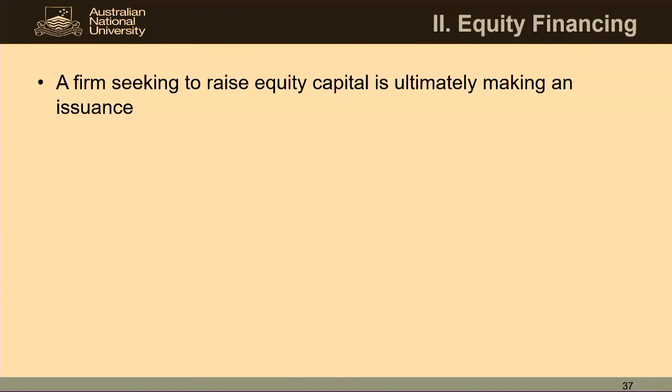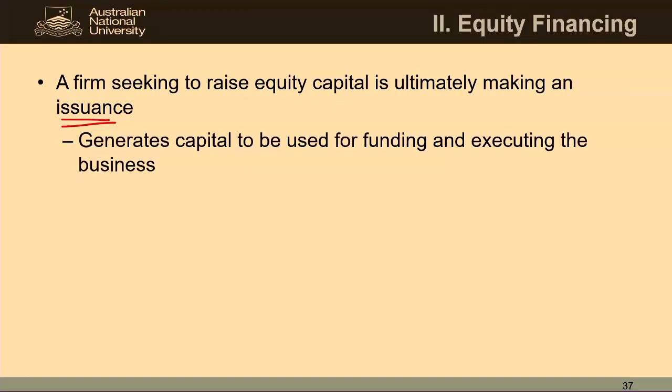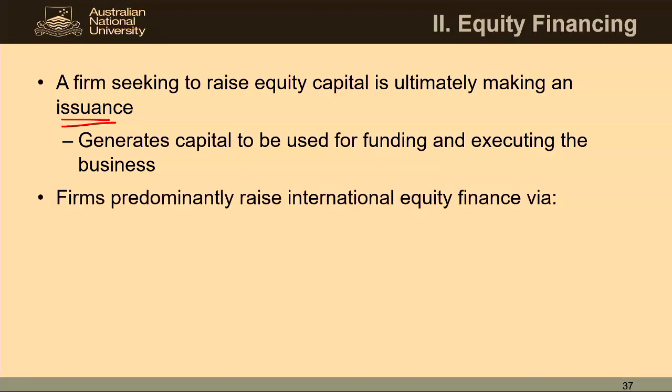Equity financing, as we said before, they're looking to issue equity. So they're ultimately trying to make an issuance, and they're going to generate the capital for funding their business, executing the business and repaying their loans.